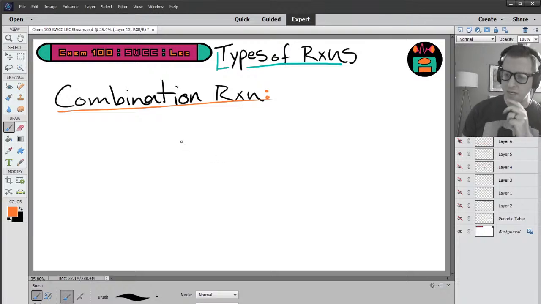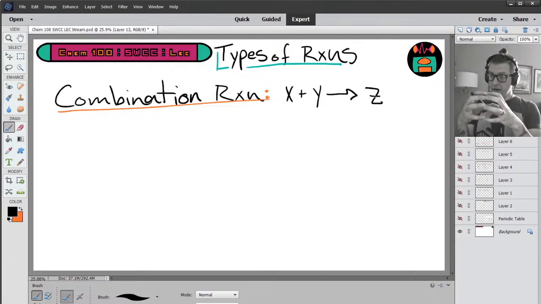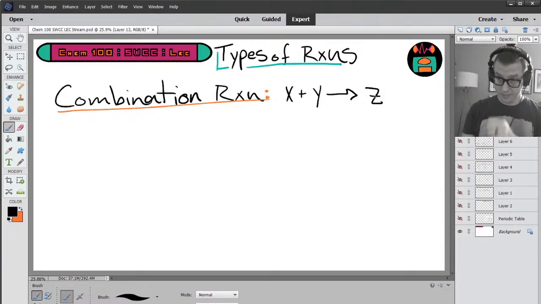A combination reaction is a reaction where you have two or more, doesn't have to be 2, but often it's 2, reactants, I'm going to call them X and Y, that combine to make one product. So you've got X, you've got Y, they come together, make a new product, Z.